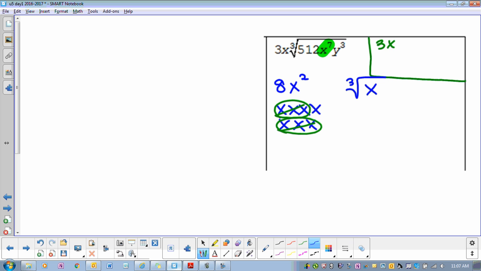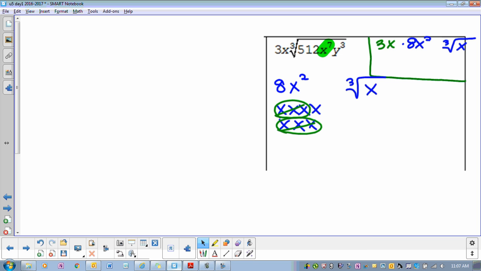I guess I should have put those in my answer box, but actually, we can do that now. Let's bring those over. Answer box. Make some room. Cube root. Put an x there.